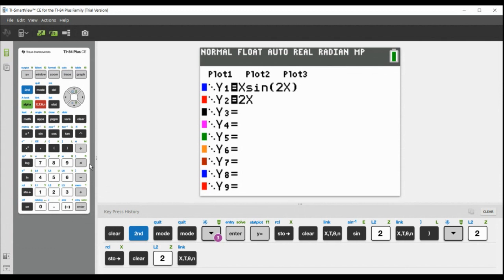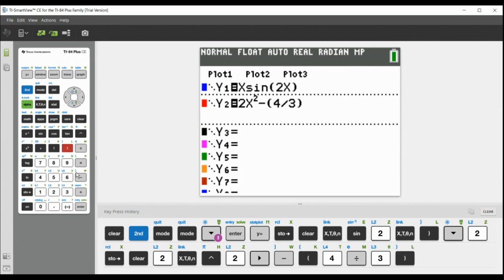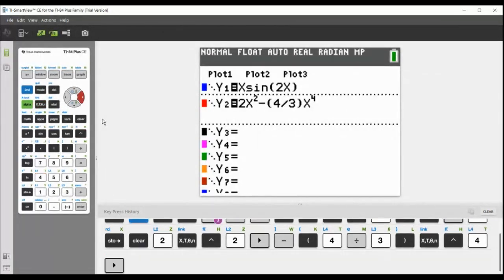So I've got to get used to these buttons a little bit. What I'm showing you here is important.